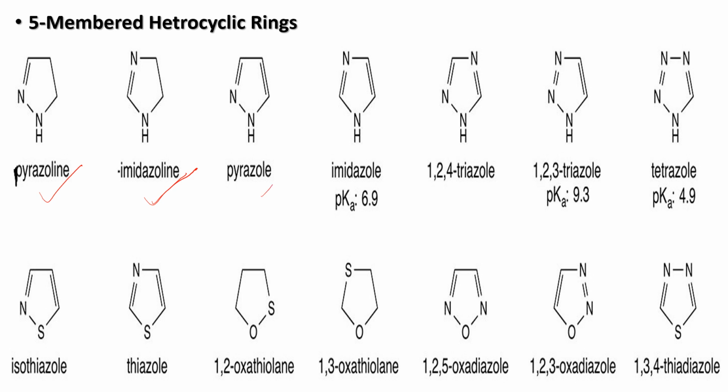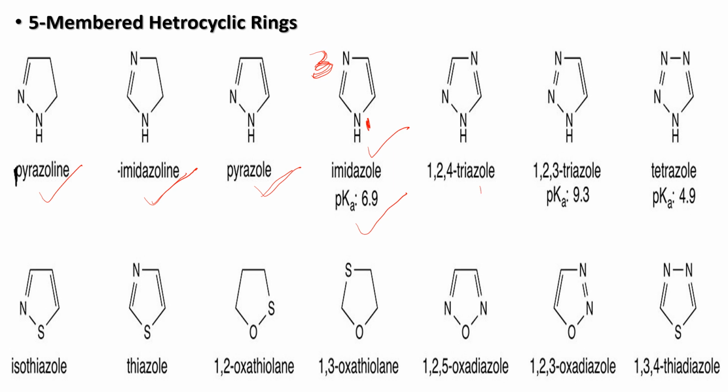Okay, pyrazole. This is pyrazole. Imidazole. How to remember imidazole? Just remember 1 and 3rd position there is an amine group. 1 and 3rd position I have to write amine group. This is a 5-membered ring. When you do numbering, if there is an amine group at 1 and 3rd position, then consider it as imidazole.